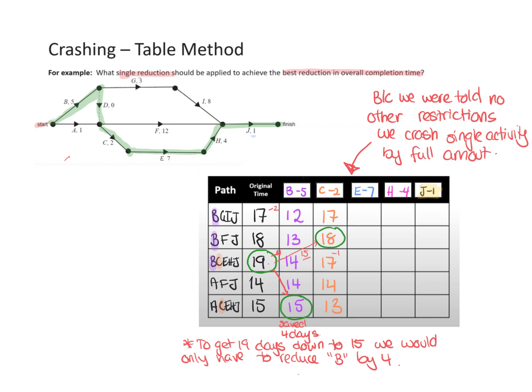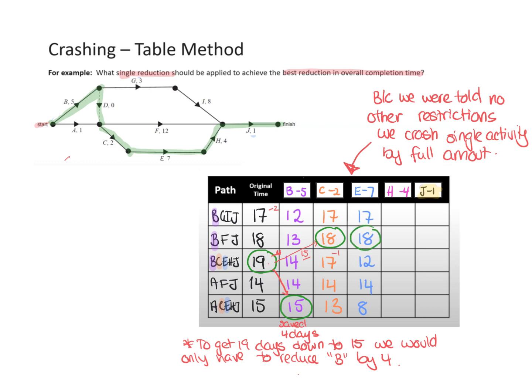All right, let's check E. If I crashed E, I'll look down and every time I see E, I'll highlight it blue, and then I'll deduct those ones. No change to those two. This one I deduct 7, so it became 12. No change to that one, and this one became 8. Once again, we see 18 is our new critical path.